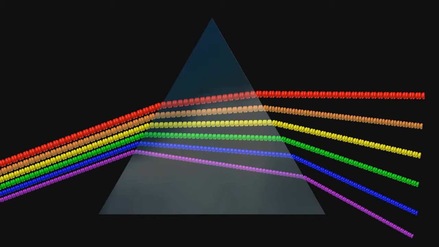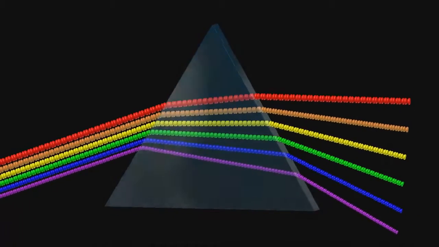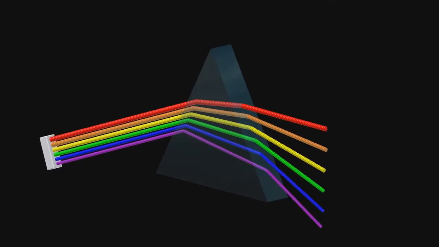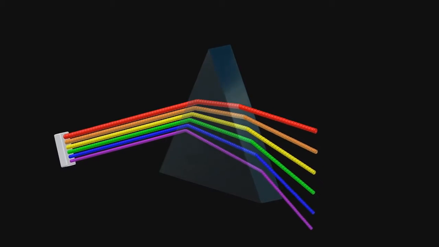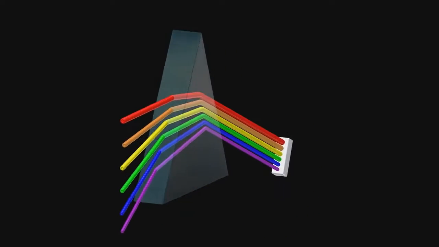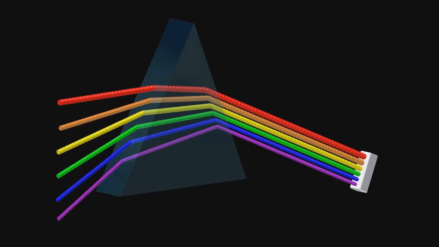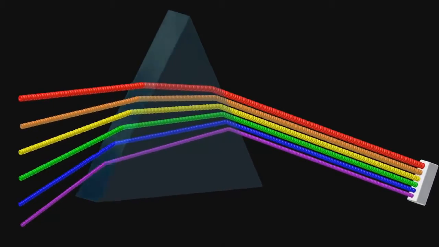As the row of photon fields enter the glass prism, we see that the different colors refract or bend at different angles. Then we see that as they exit the glass prism, the photon fields also refract at different angles according to the wavelength or color of light.